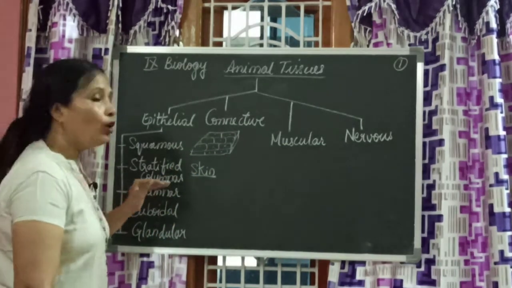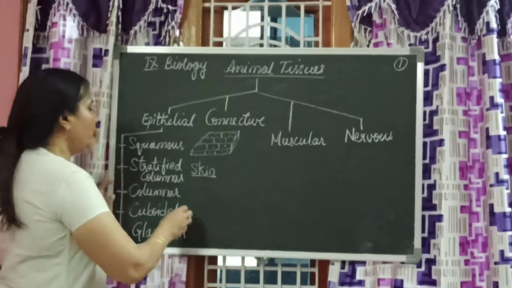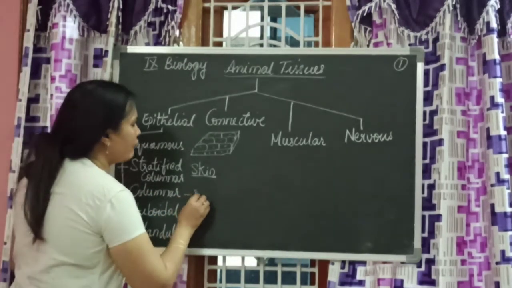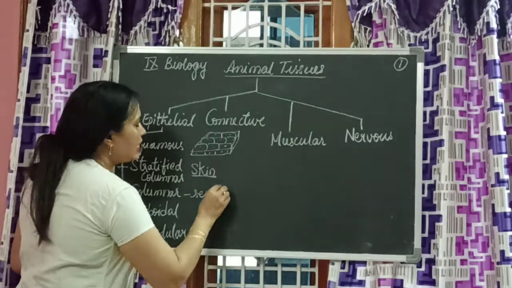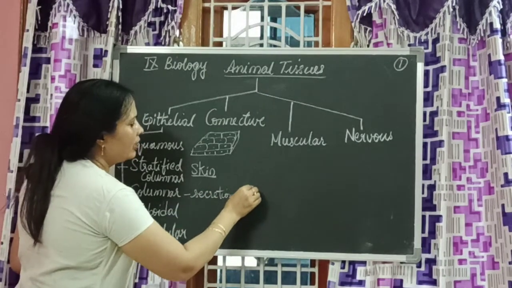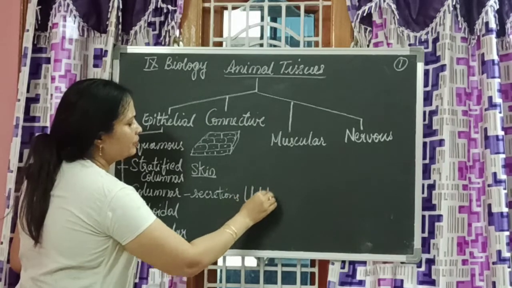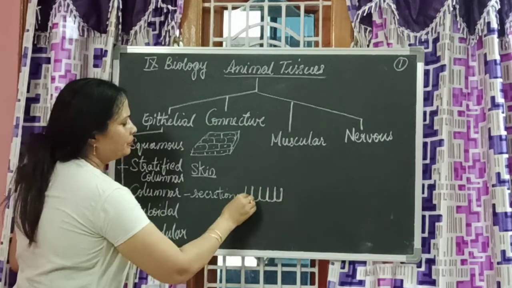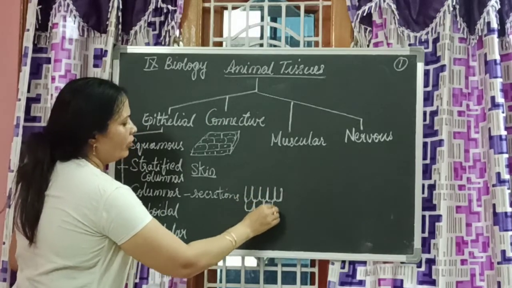And then columnar epithelial tissue is there everywhere where you can find secretions. The name itself tells that it is columnar. They are like columns.